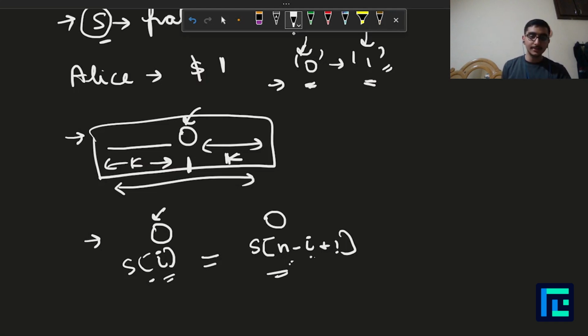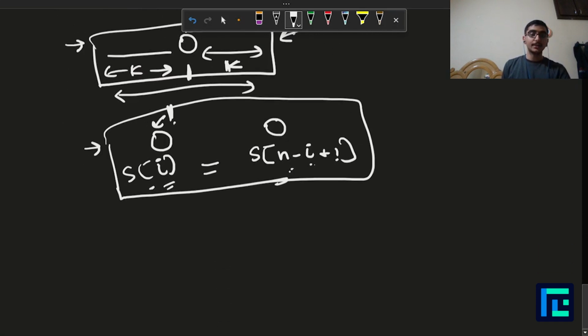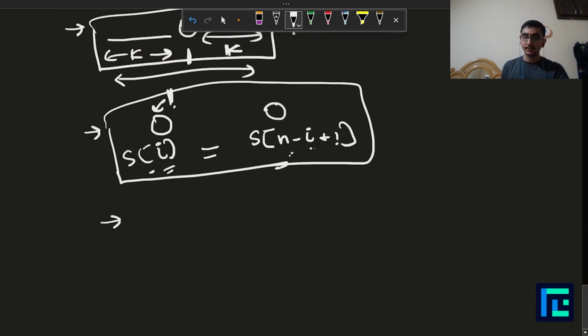But if you convert this 0 to a 1, this is still 0, and now it breaks the condition of a palindrome. So this string is no longer a palindrome, right? Which also means that it is only possible to change a 0 to a 1 while still maintaining the palindrome property if that 0 is present in the middle. But if there is a 0 present in the middle, then we would always have an odd number of zeros.